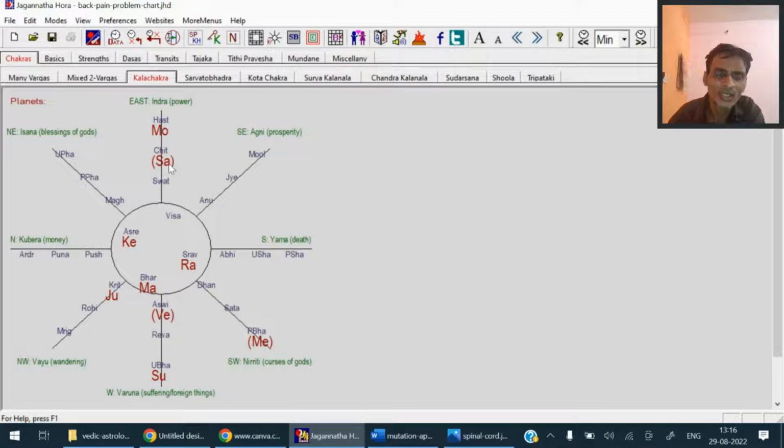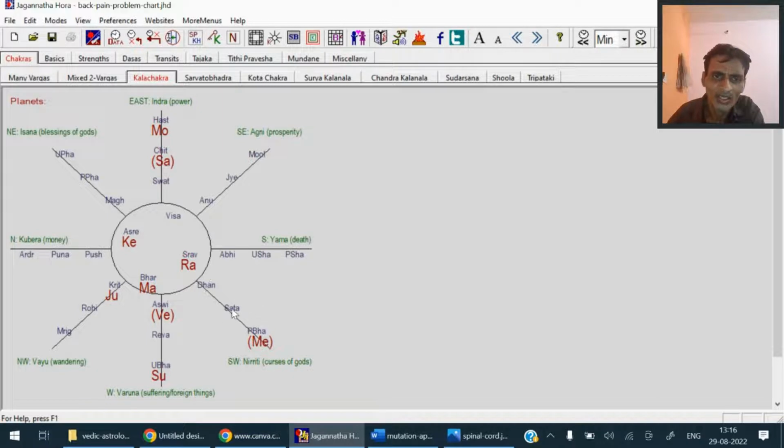And Saturn is the natural significator of bones. Saturn represents the bones in the human body. It represents the skull, so the backbone will also be represented by Saturn. So when Saturn is getting afflicted with respect to Moon, it will give backbone problems, pain in the back of the person.